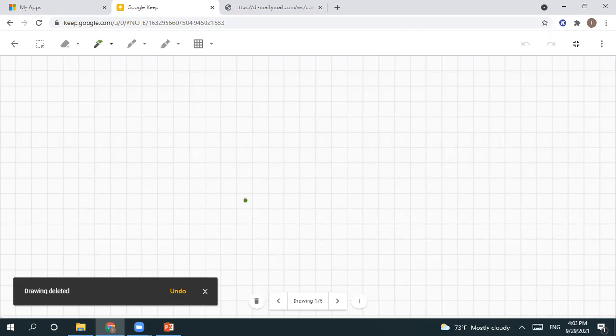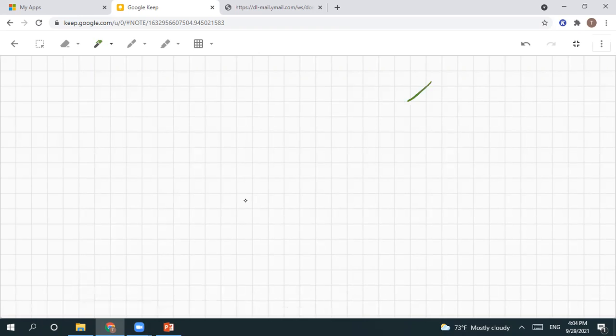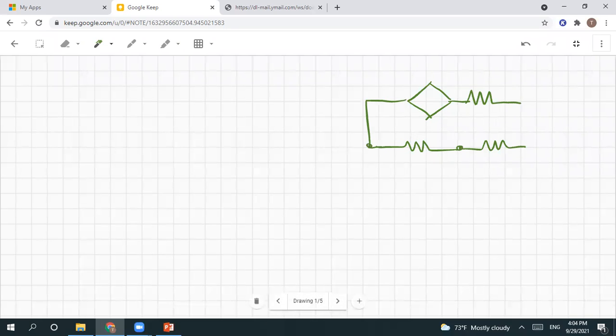Okay, so let me draw the circuit first. So we have a voltage source, a dependent voltage source, and before that we have a resistor, and then in here we have one resistor, and on the other side we have another resistor. We have a connection like this, and then we have a voltage source. We have a resistor with a voltage source.